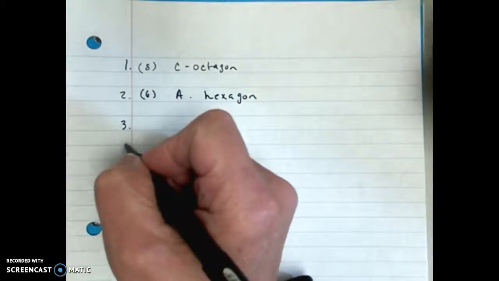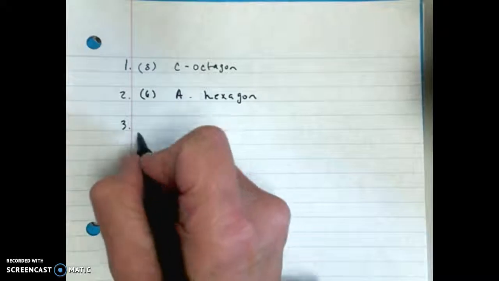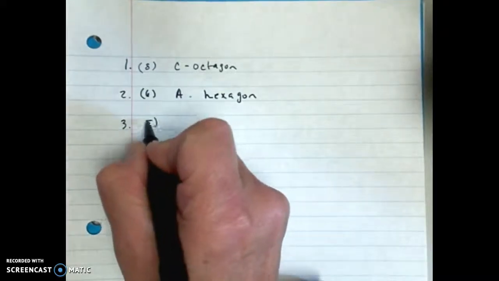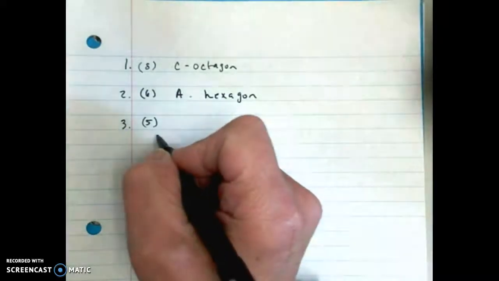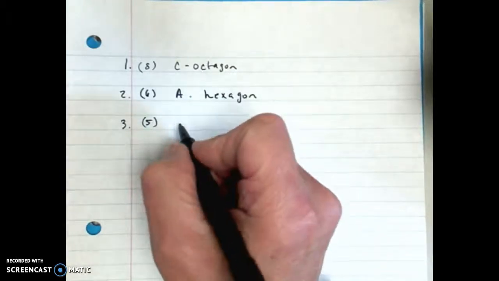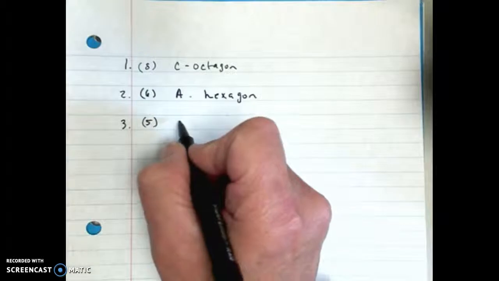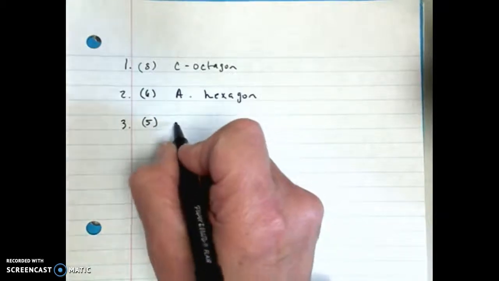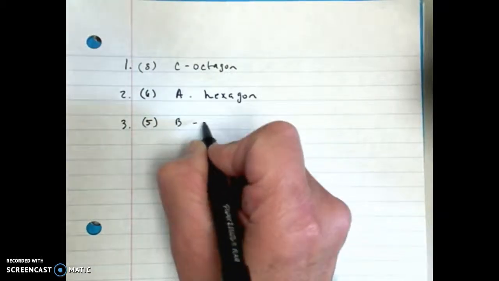Number 3, we have a 5-sided figure, and again, you can stop and pause this as you're working. This is a 5-sided figure, which we call a pentagon, which is letter B.